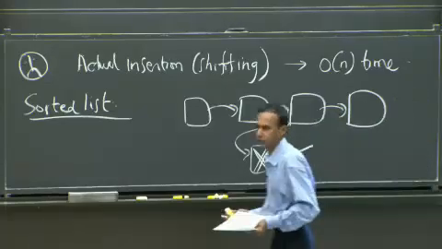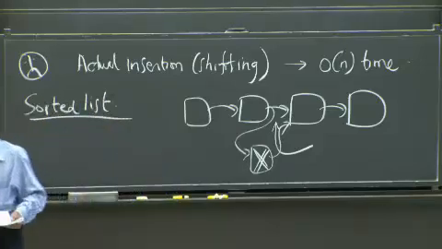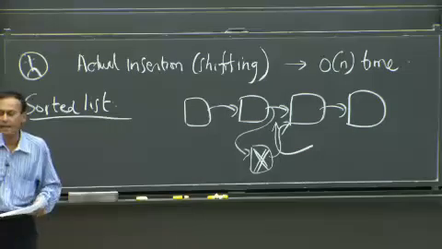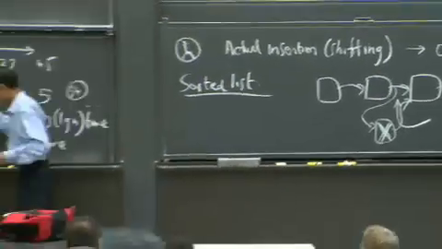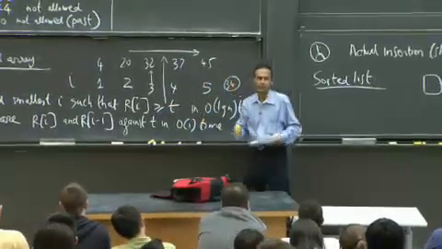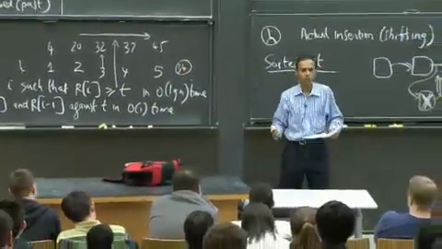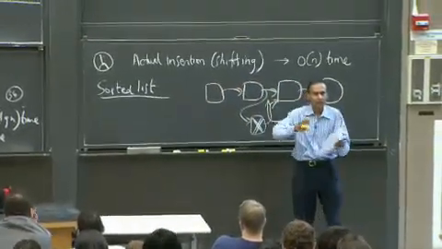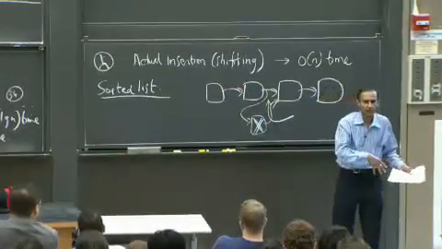But what's the problem with the list? Well, you can't do binary search on a list. There's no notion of going to the n by 2 index and doing random access on a conventional list, right? So the list does one thing right but doesn't do the other thing right.